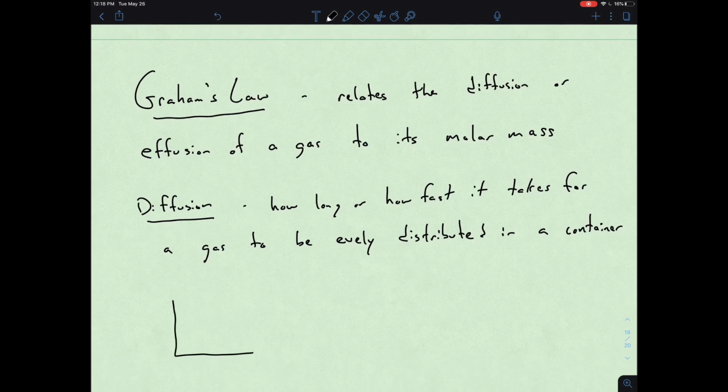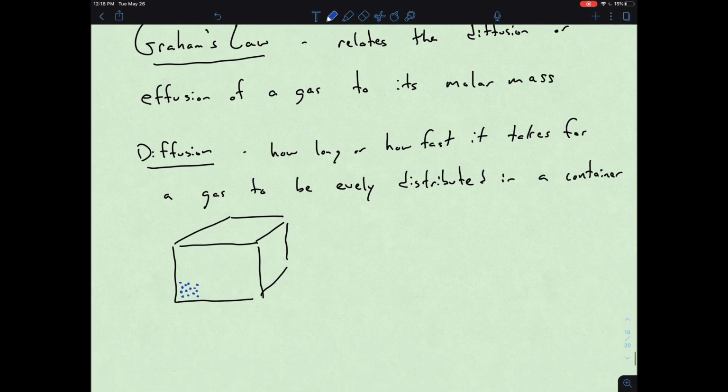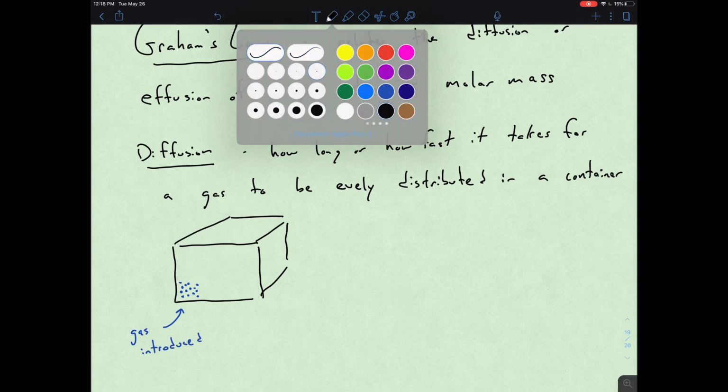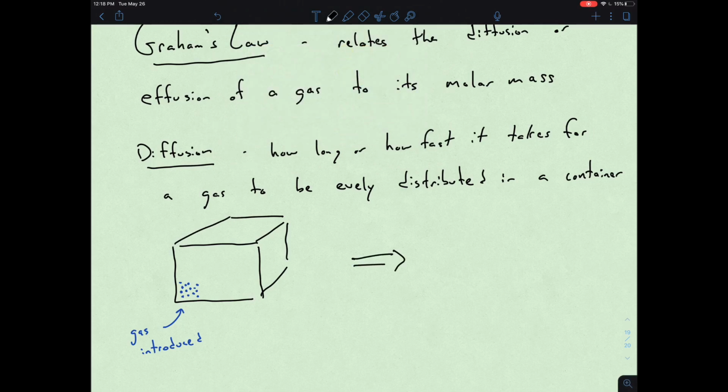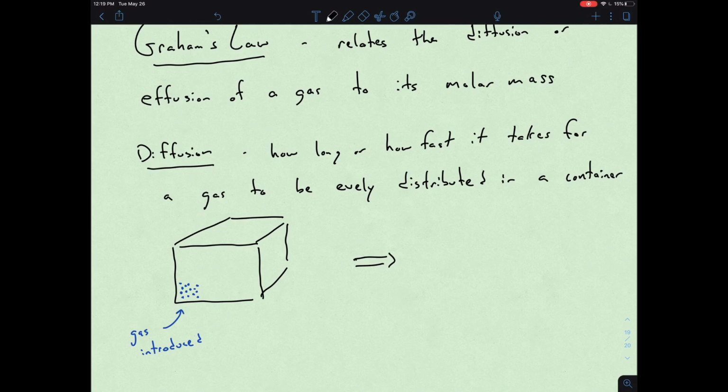So if we had, let's say, a box here, and we have gas that's introduced, let's say from maybe a fart, how long does it take for us to get to that even distribution idea where we have our box but now that gas is evenly distributed around the area.